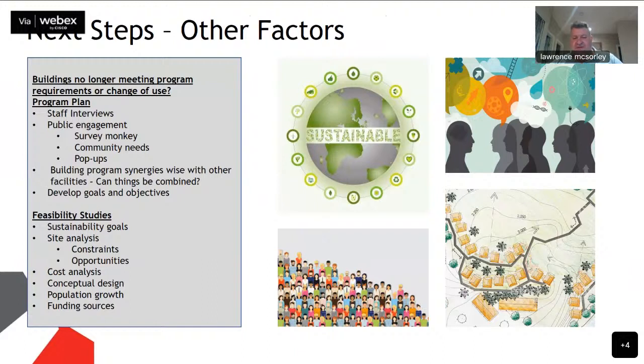And then the goals and objectives for the building. And then the feasibility studies of what this might cost, the site analysis and a conceptual design with some conceptual pricing. These are still pretty high level types of review, but these would be the next steps to start to see: are you going to replace something 15 years, 20 years down the road?